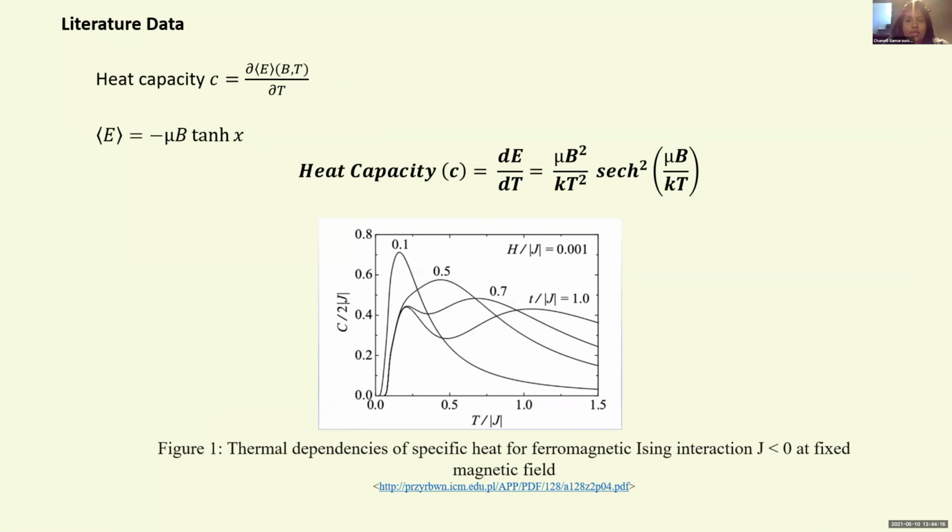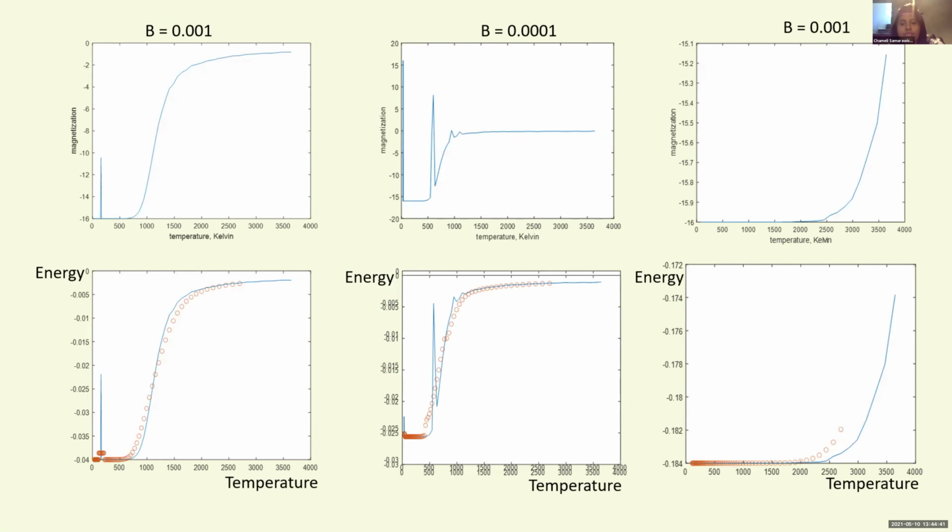Then, to compare with literature, I shared this graph from a paper I saw. We can see that the peak intensity and the peak width decrease with decreasing external magnetic field B at negative spin-spin coupling. I also included the relationships of energy and magnetization versus temperature for all three B values.